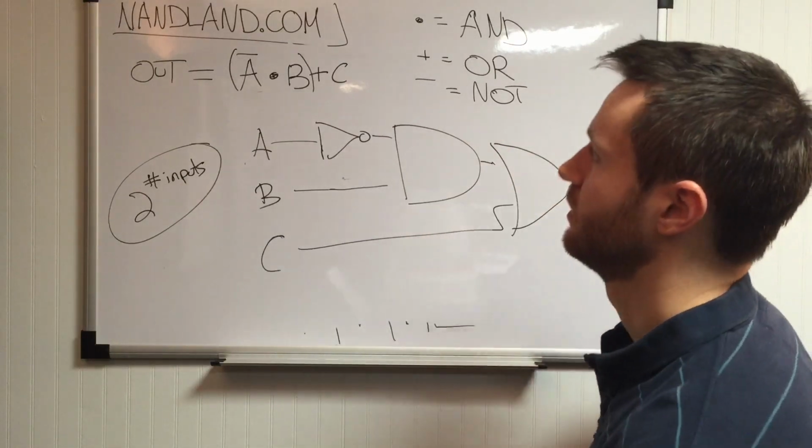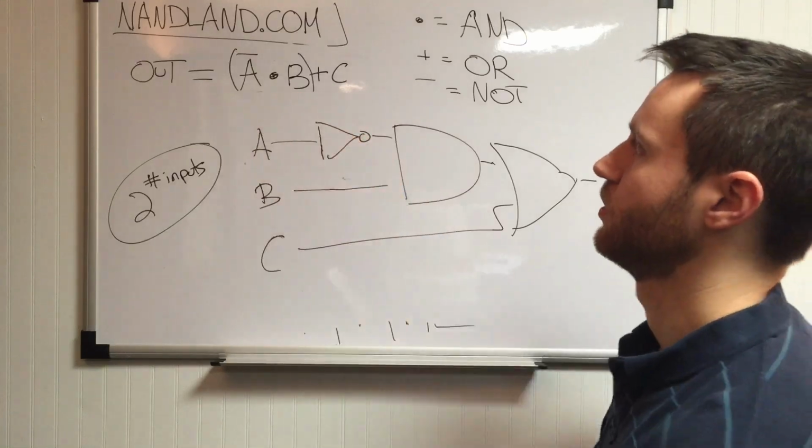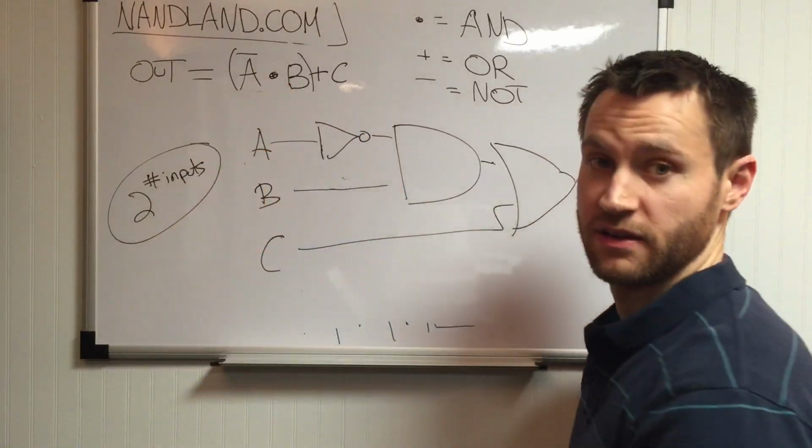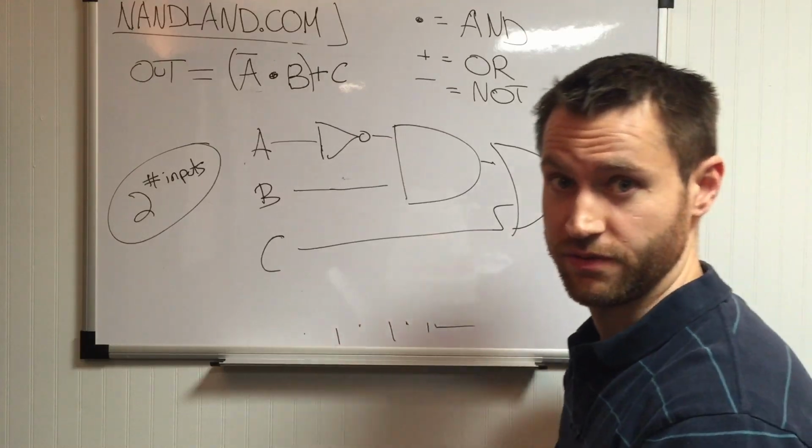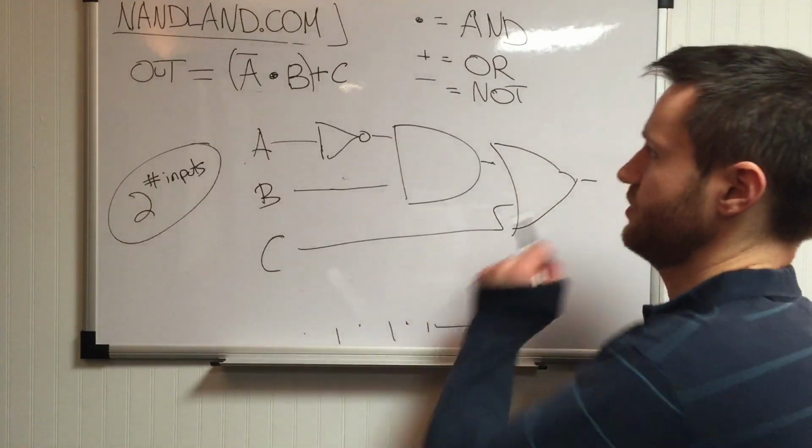That's the correct schematic for that particular Boolean algebra equation. If I had done it the other way, where B and C had been ORed first, that would have produced a different truth table. So there you go. That's the circuit.